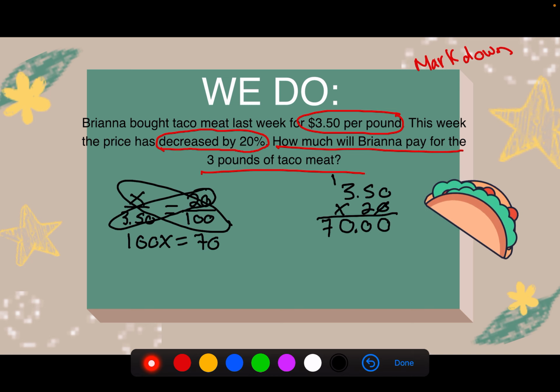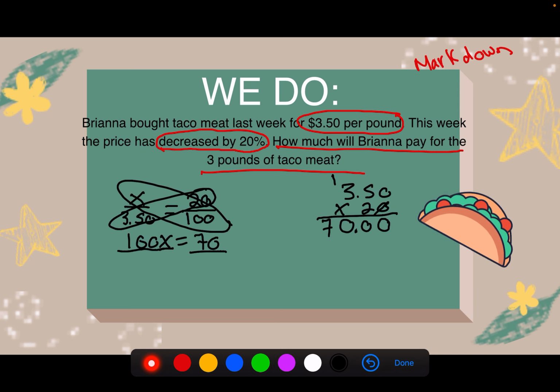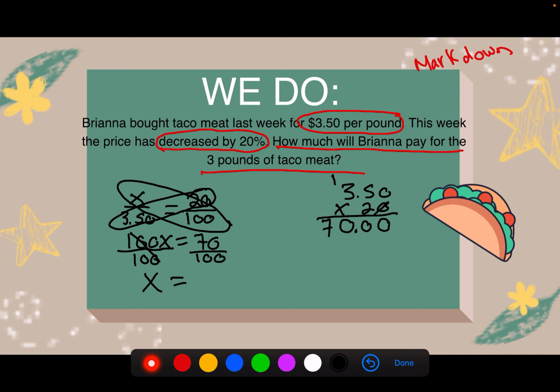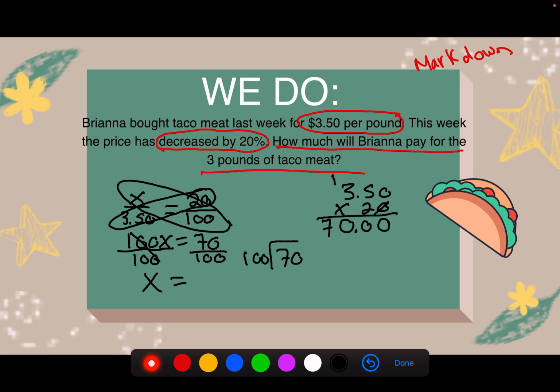We're going to divide, and what are we dividing by? Are we dividing by 70 or 100? Yes, 100 is correct. Remember, you always divide by the number that's attached to your variable. 100 is attached to our variable, which is our letter. So 100x divided by 100 gives you x. And then 70 divided by 100.